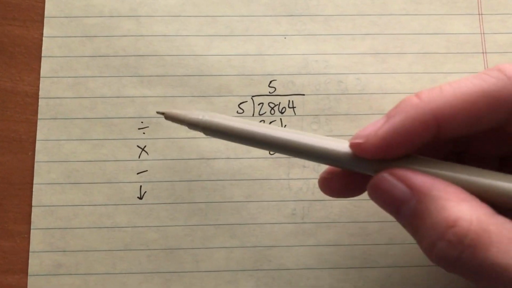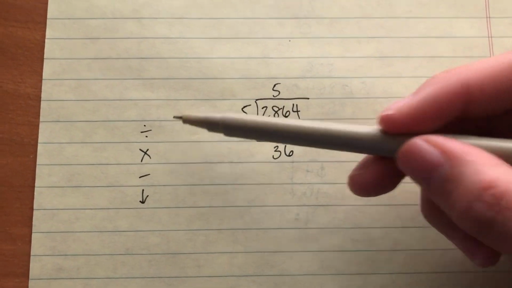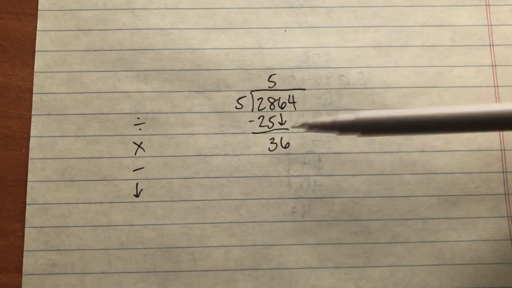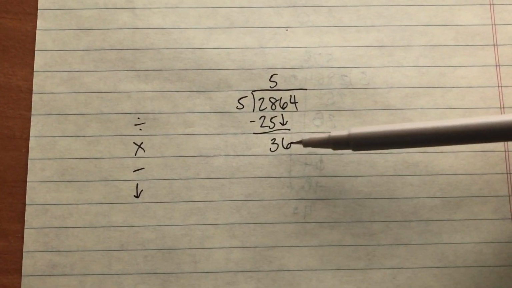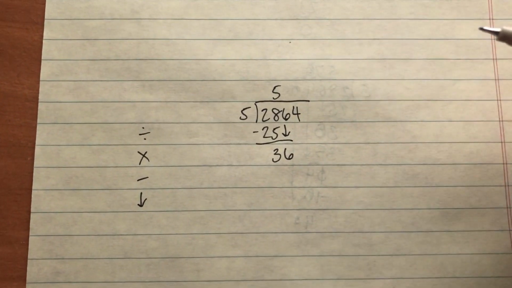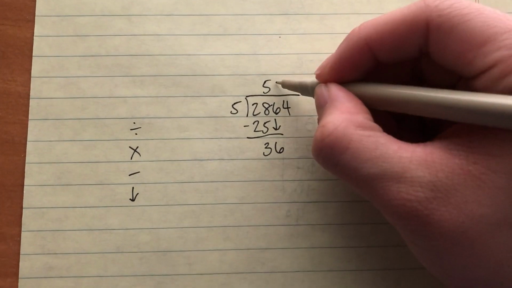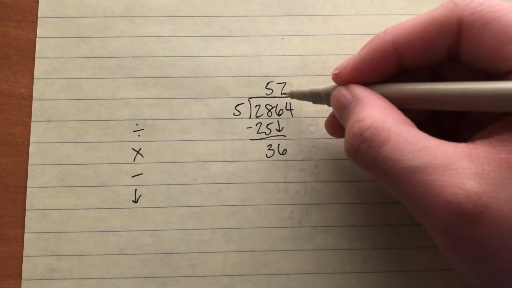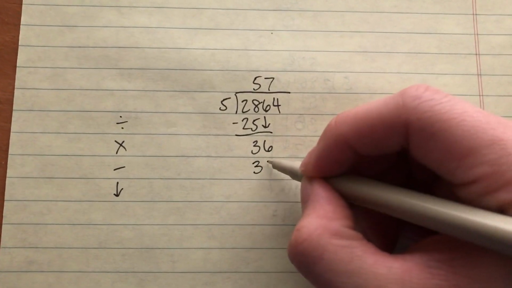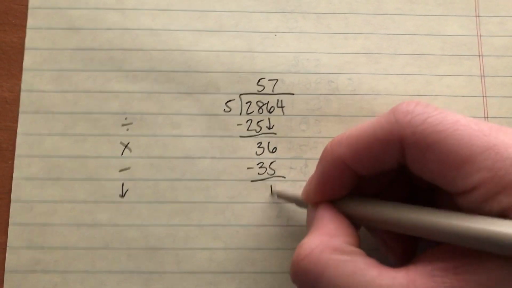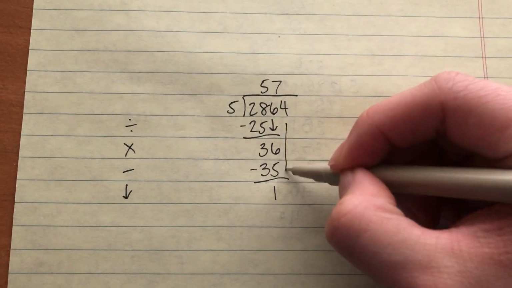Okay, so I just completed my 4 steps, and I'm going back to division. How many times can 5 go into 36? Or what is 36 divided by 5? 7 times. 7 times 5 is 35. I subtract, and I get 1, and then I bring down my 4.